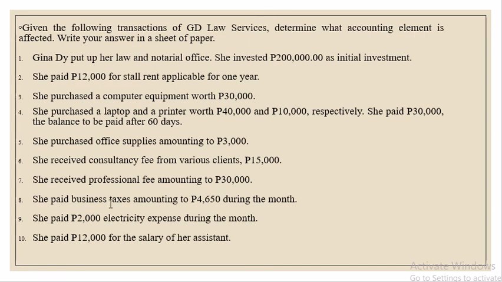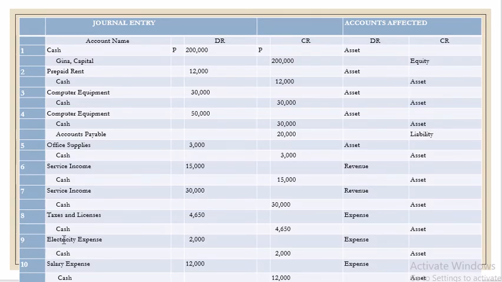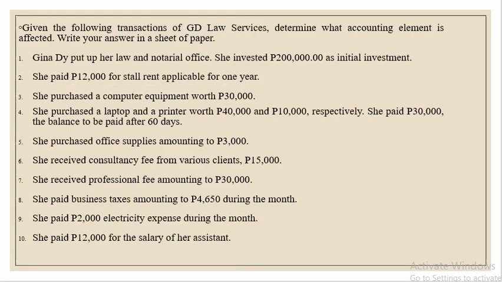She paid business taxes amounting to 4,650 during the month. So, nagbayad siya ng 4,600. So, kung nagbayad siya, anong mangyayari doon? Taxes and licenses, and then lumabas ay cash. Okay? And then, she paid 2,000 pesos electricity expense during the month. Nagbayad siya.